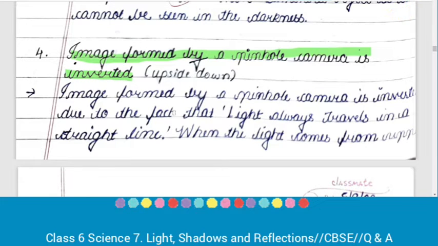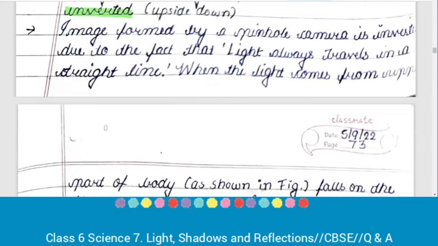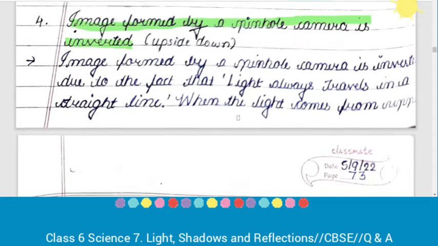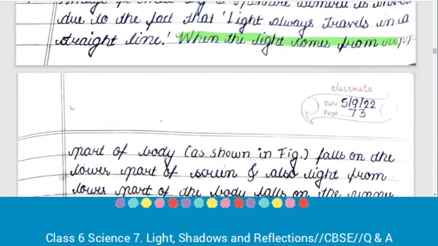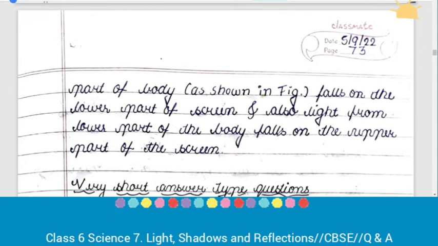Image formed by a pinhole camera is inverted due to the fact that light always travels in a straight line. Light from the upper part of the body falls on the lower part of the screen, and also light from the lower part of the body falls on the upper part of the screen.